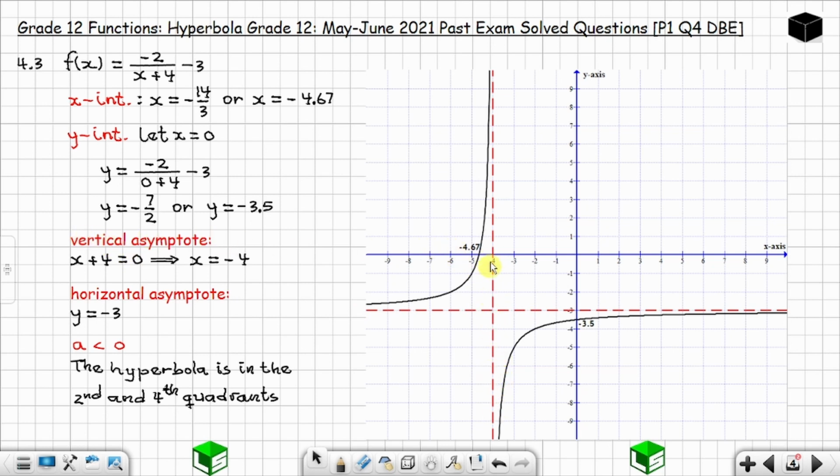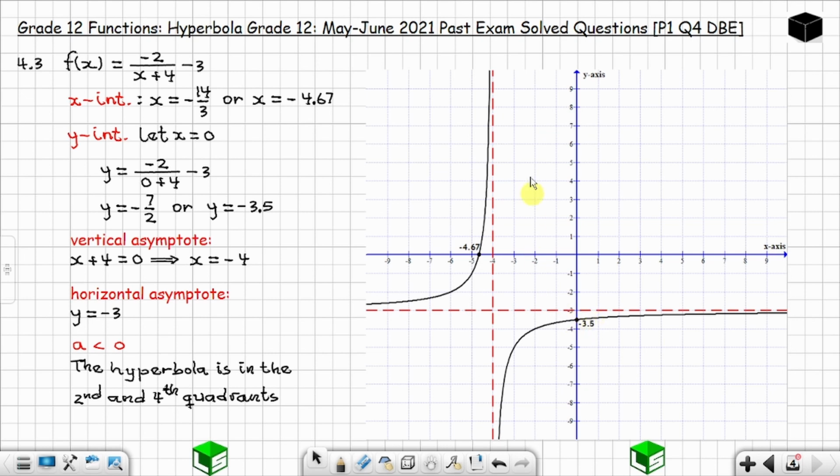You also have the x-intercept at -4.67, and your y-intercept at y is equal to -3.5.